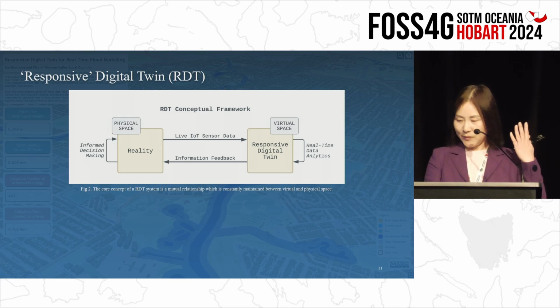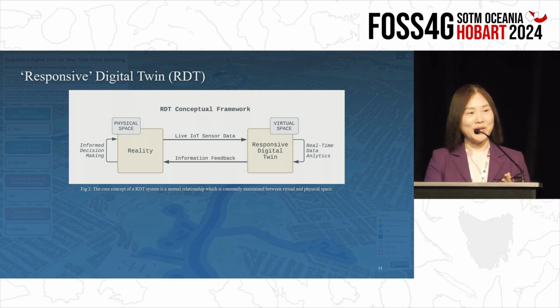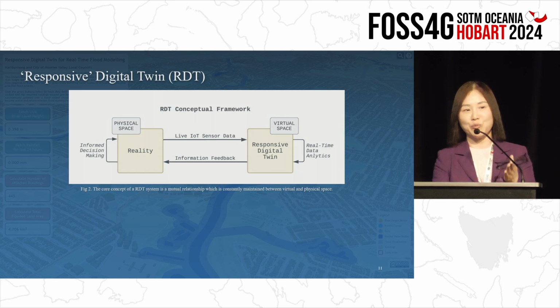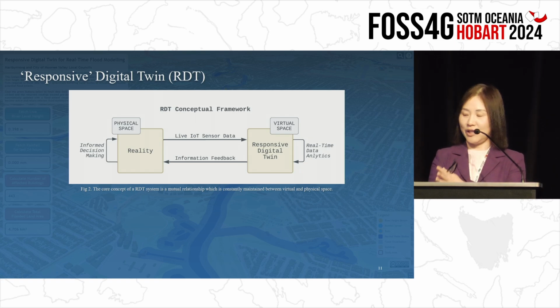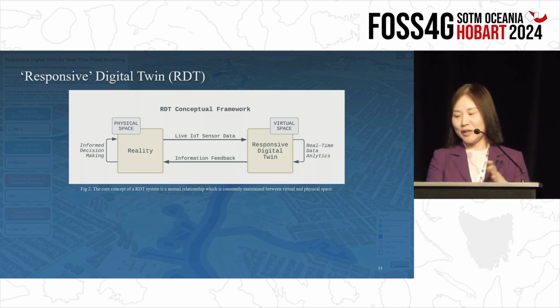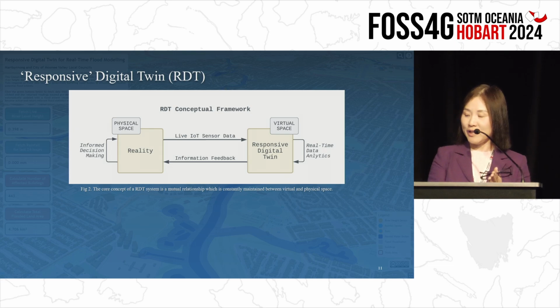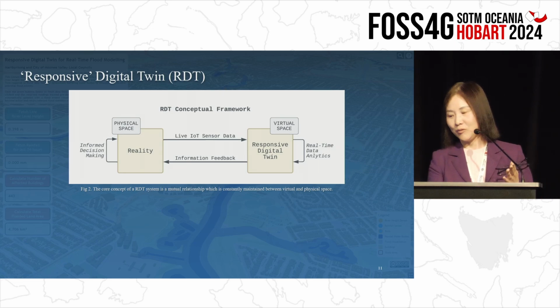To implement a spatial digital twin, there should be a link between reality and the virtual world or digital environment. And the linking between these two components should be live data. In this case, for flooding, ideally live Internet of Things sensors connect to, for example, the river condition and the weather condition.